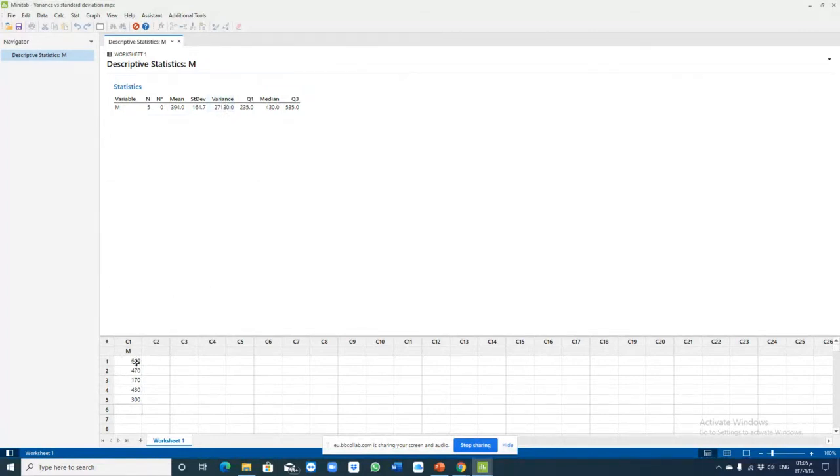For example, if the measurements go to the minus, you may have some minus values, and the variance shows you how each data point differs from the mean. If you read it, 27,130, it shows you how big the variation or variance is.